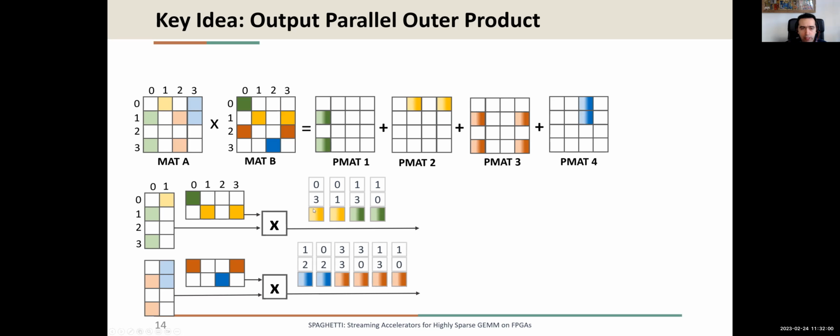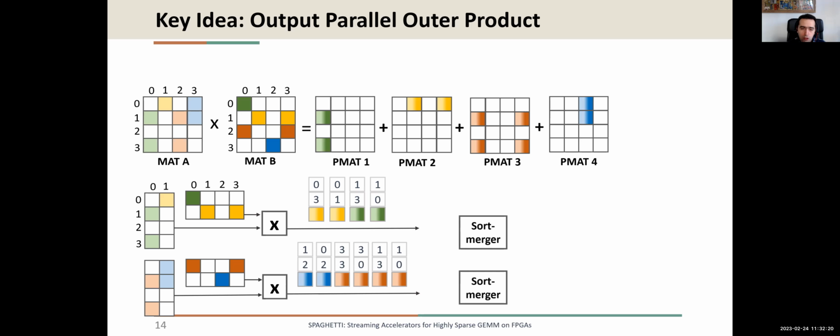The first multiplier here is producing partial matrix 1 and 2. And the second multiplier is producing partial matrix 3 and 4. So now I have to merge and sort these two arrays of non-zero elements.